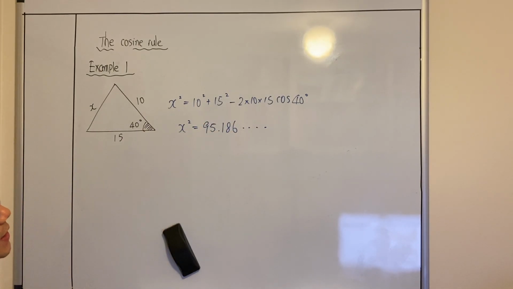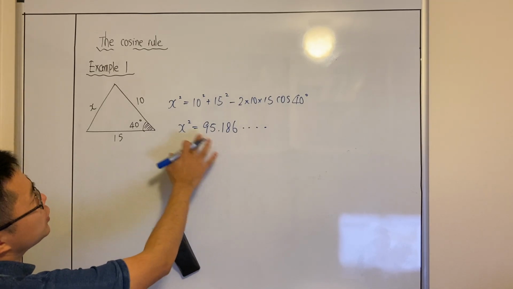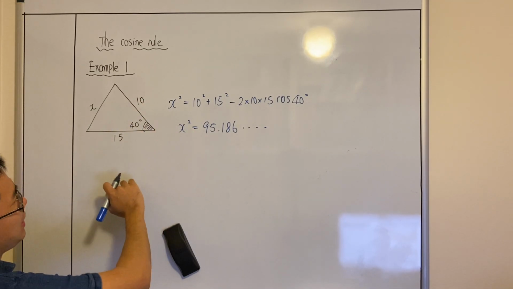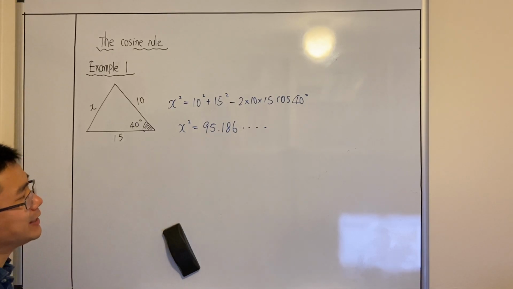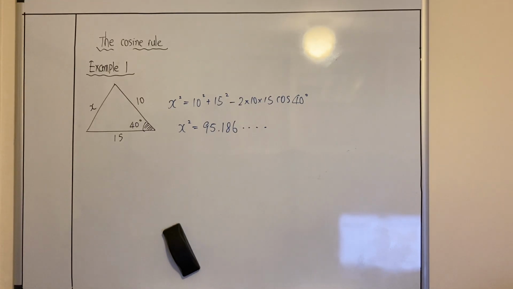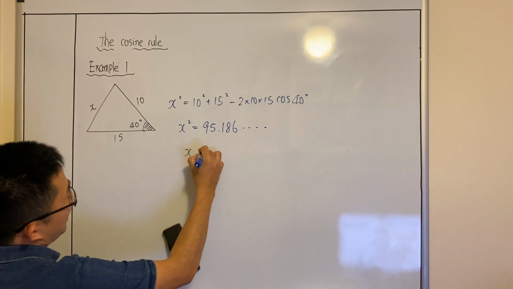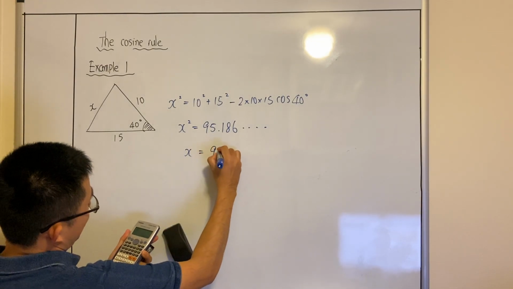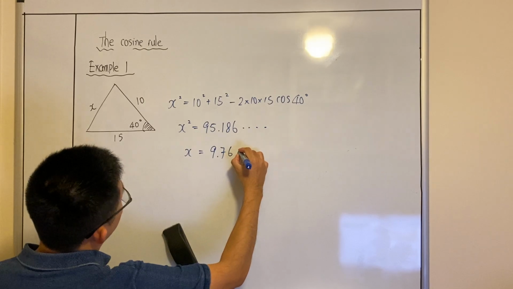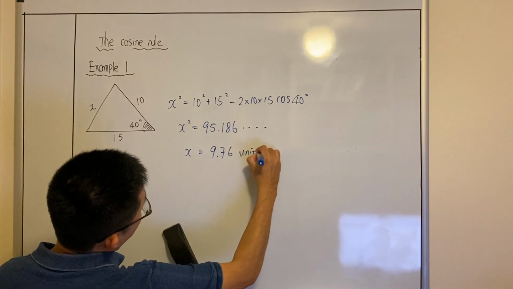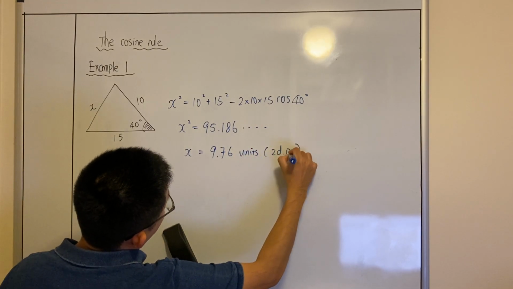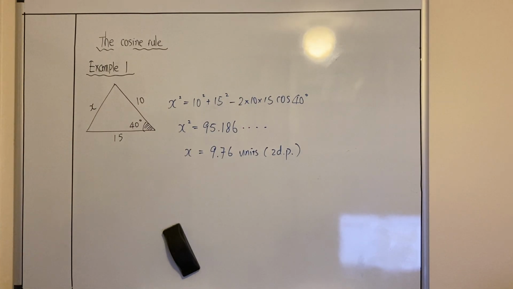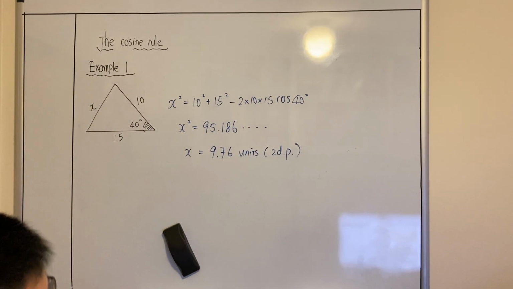If you do make some silly mistakes and you get an answer like this, do check. If you have a 10 and 15, it's not possible to have another side that is equal to 95, that long. It's impossible to create a triangle like this. So remember you need to square root both sides. So x is equal to the square root of that number, and that becomes 9.76 units, to 2 decimal places. So it's a really simple question using cosine rule here.